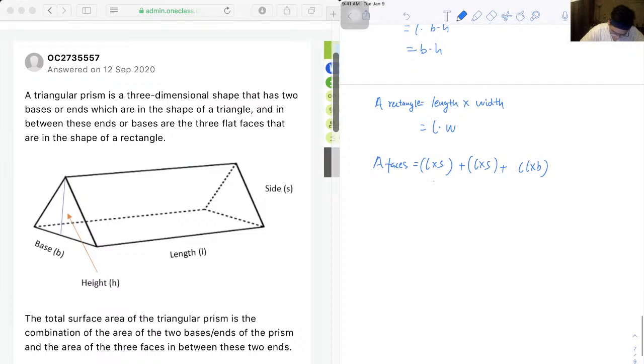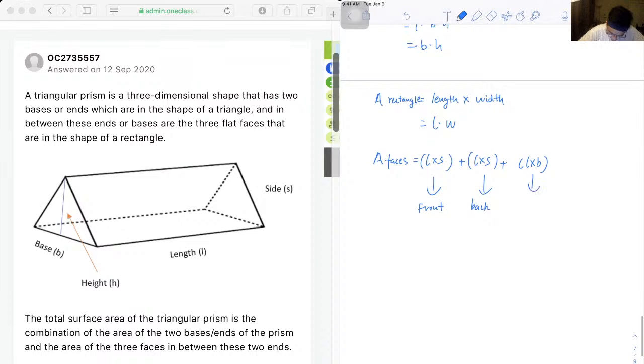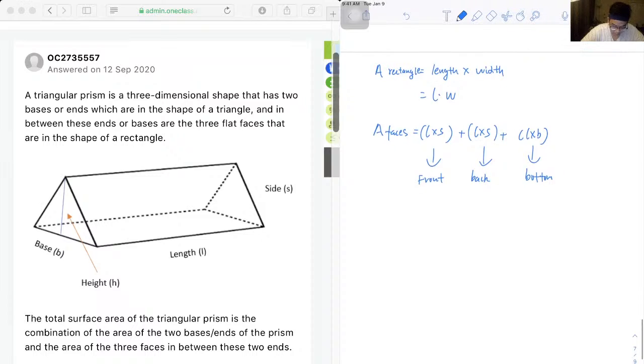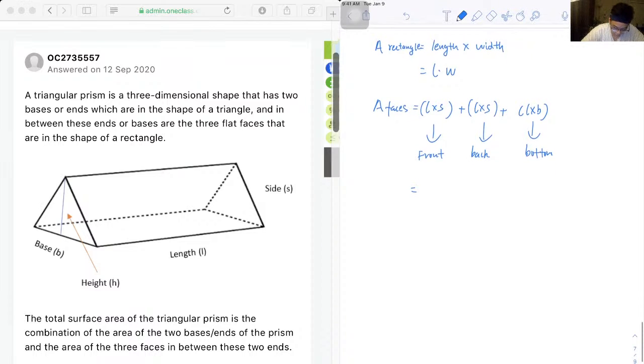So that is the front face, that is the back face, and that is the bottom face, okay? By simplifying this, we will get 2LS plus LB.